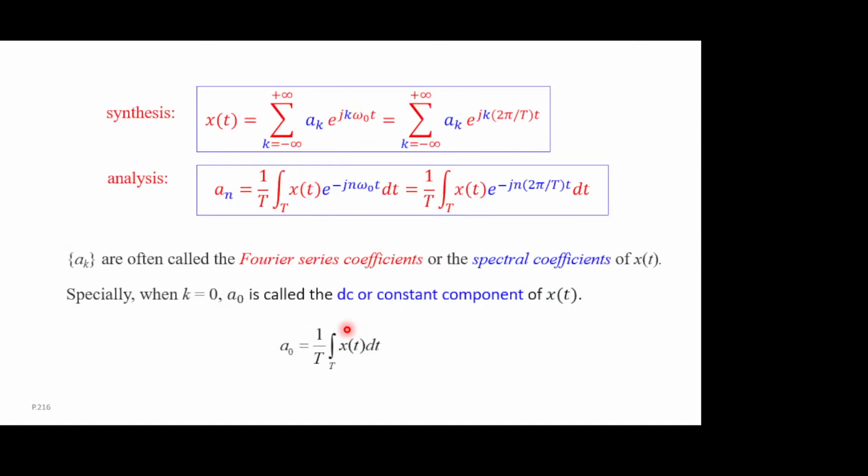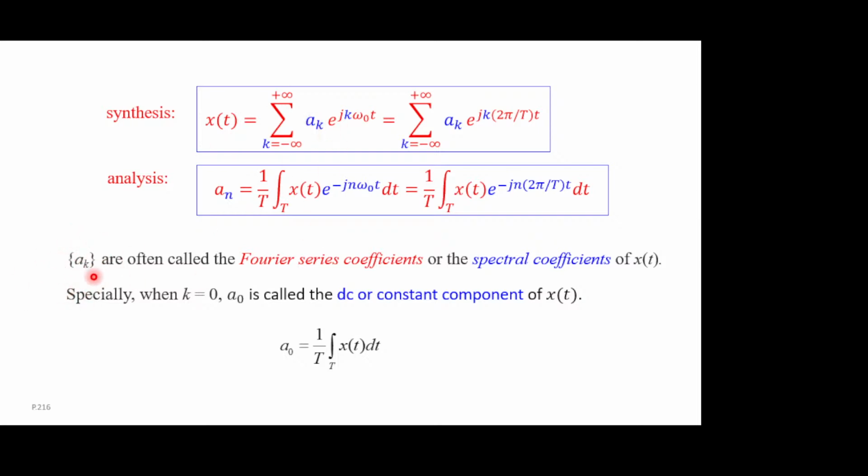At a high level, something that we'll see more is that you can see this as a transformation between x(t) and this set of a_k. You can see this as a transformation back and forth, because the amount of information in x(t) and a_k is the same.